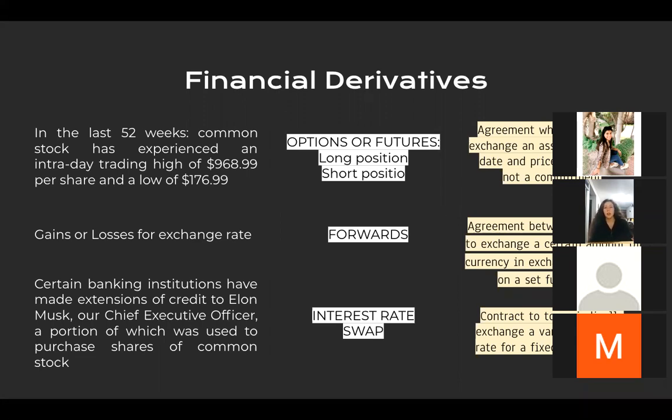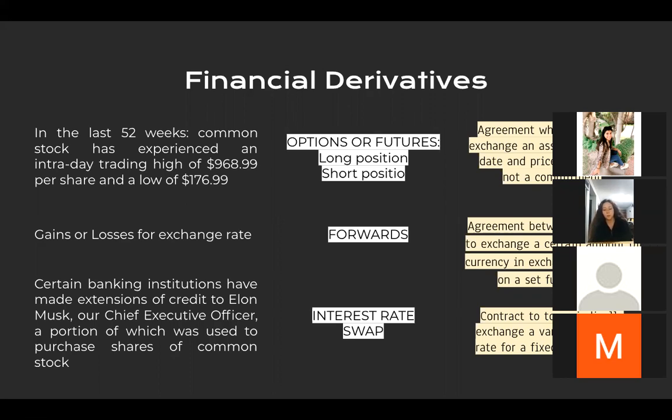Also, another important thing about Tesla is that it has gains and losses from exchange rates. The last one was gains. They gained a lot of money. However, this will not always be the case, so they can use forwards because it's an agreement between two parties to exchange a certain amount of currency at an exchange rate on a set future date.